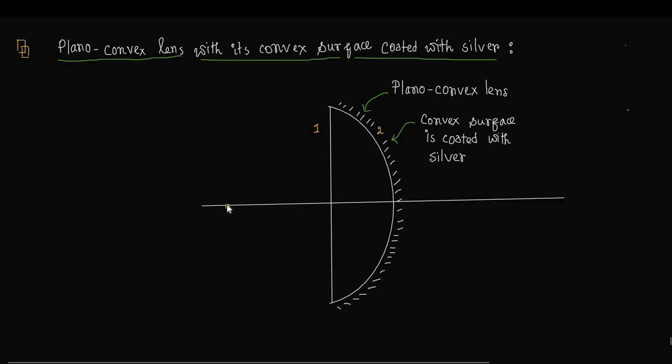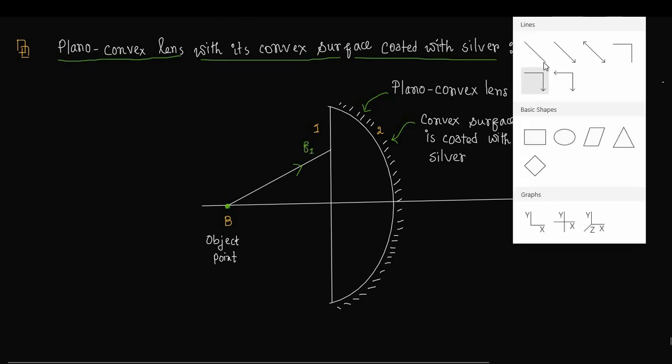This is the principal axis of the plano-convex lens. B is the object point from which the incident ray will be traveling towards the plano-convex lens. This is the incident ray traveling towards the first refracting surface.